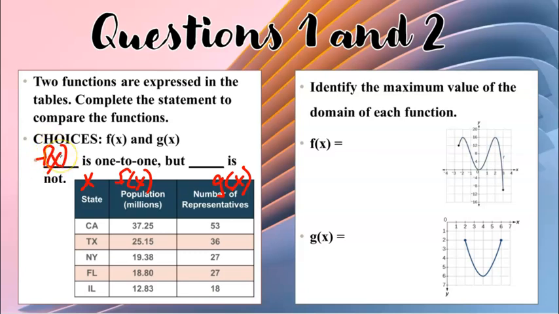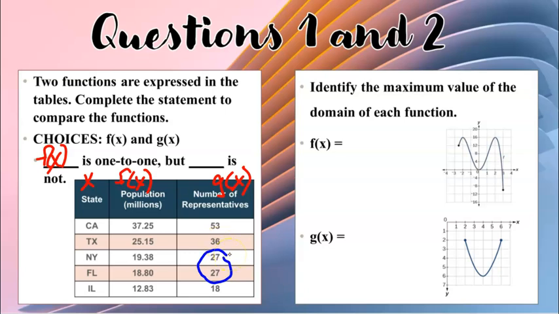is a one-to-one function. Now, if I look at the number of representatives, you'll notice that the number of representatives right here, 27, is mentioned twice. That can be okay for it to be a function, but if I were to go the opposite direction, number of representatives to the state, it would not be a function because I have two 27s.